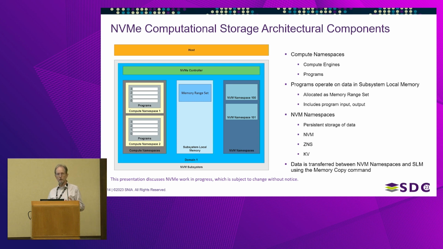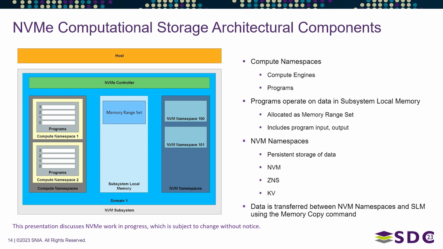The subsystem local memory is broken down into memory range sets, and it is where you have the potential of your program input, your program output, and scratchpad data that you may want to use. All of that ends up in the subsystem local memory, and for a given execution, it is sandboxed, or you have secure access to it based on the memory range sets.